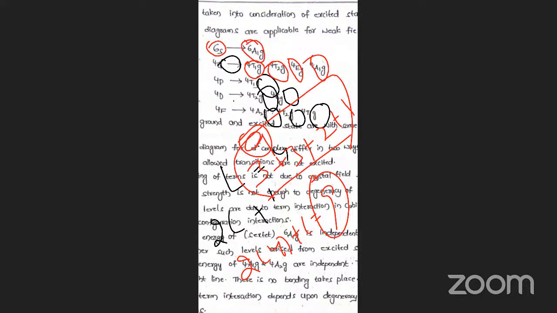Like that, in the D5 configuration, we can plot one diagram. We can observe the diagram.